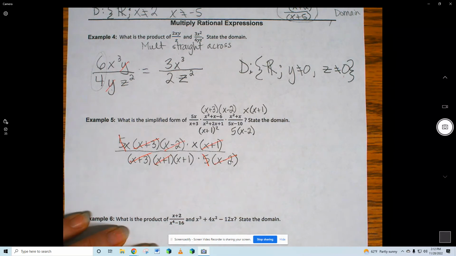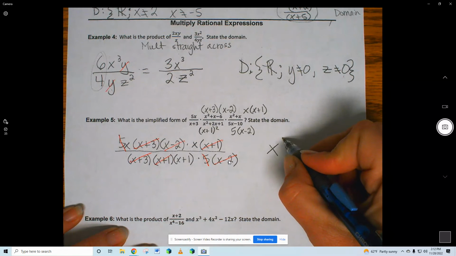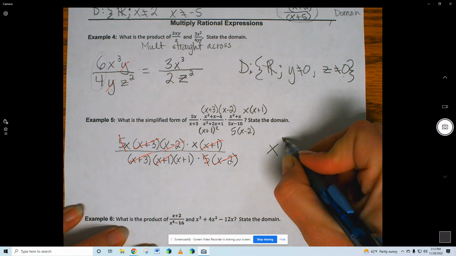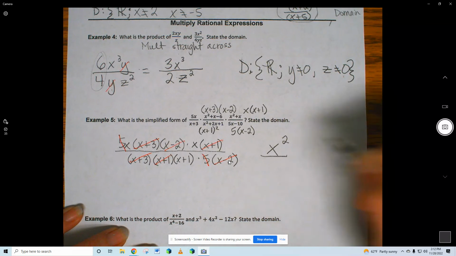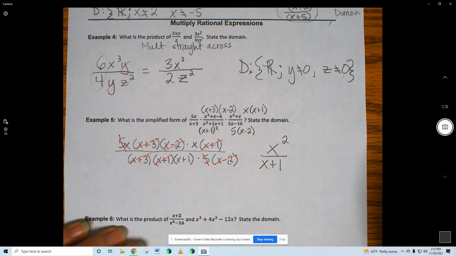What'd you get alone on the numerator now? X squared. What'd you get alone on the denominator? X plus 1. Good.